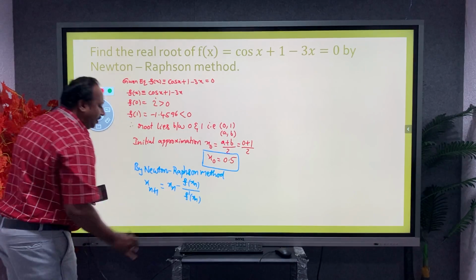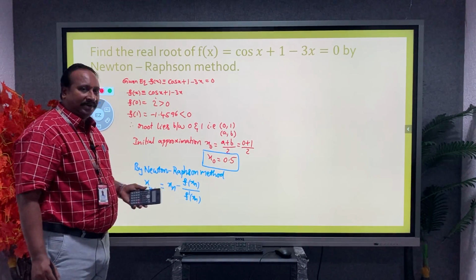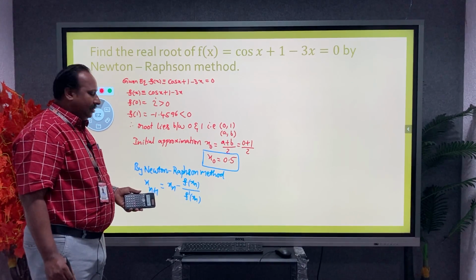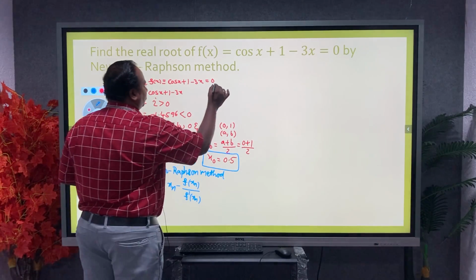In the formula there are f of xn and f dash of xn, so we need f dash of x. So calculate f dash of x.